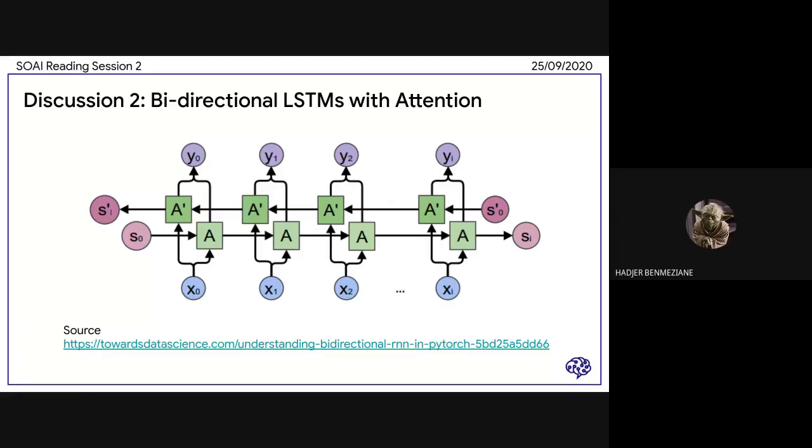I don't. Okay, so maybe someone can explain to us what are the bidirectional LSTMs. I think that the attention is clear, so we don't need to explain what are the bidirectional LSTMs with attention.